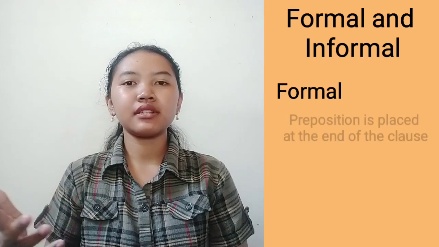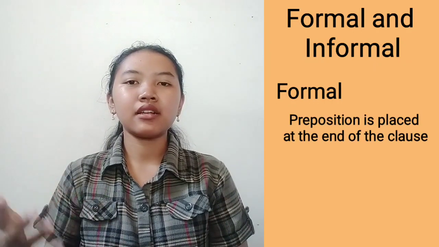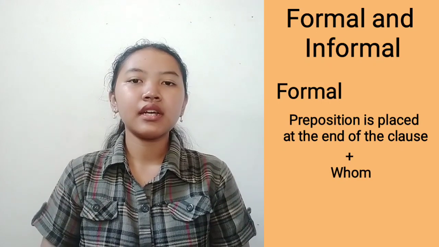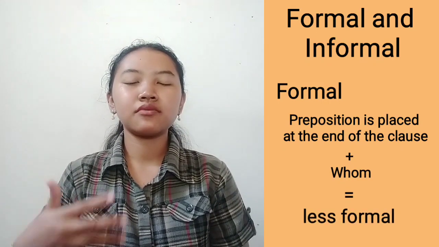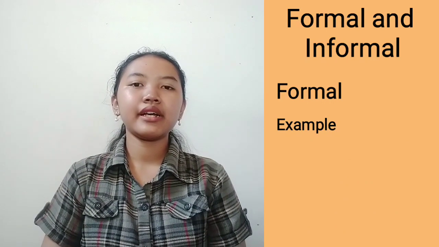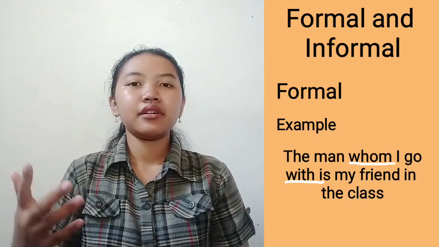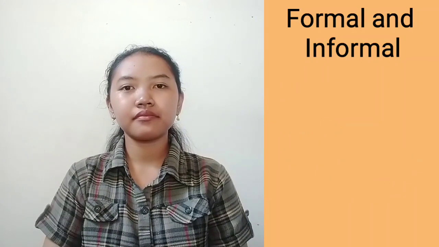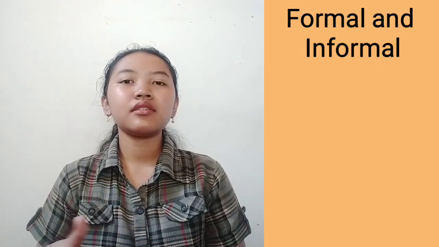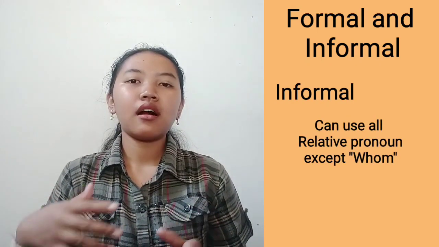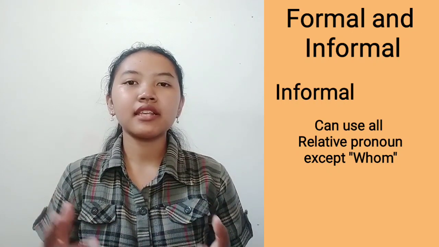If the preposition is placed at the end of the clause with the relative pronoun whom, it will sound less formal. For example, the man whom I go with is my friend in the class. In informal circumstances, we can use all the relative pronouns except whom.